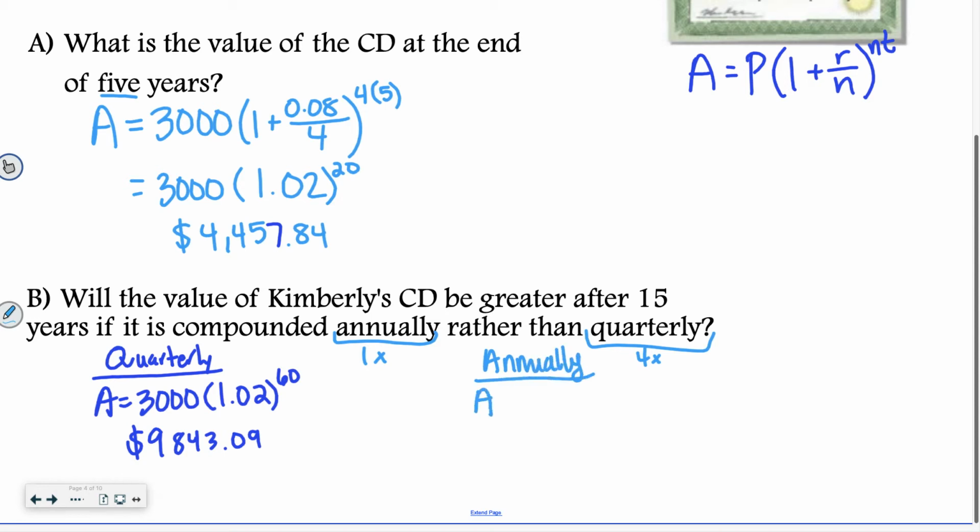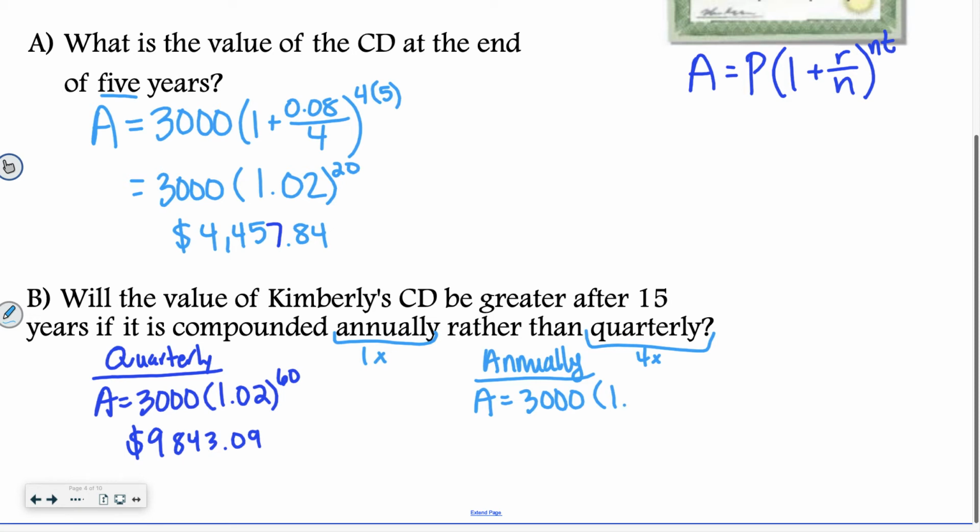So again, my starting amount hasn't changed. I start with 3,000. I'd say 1 plus 0.08 divided by 1, because annually means once per year. Well, anything divided by 1 is just itself. So I have 1 plus 0.08. I'm going to just combine those right now.